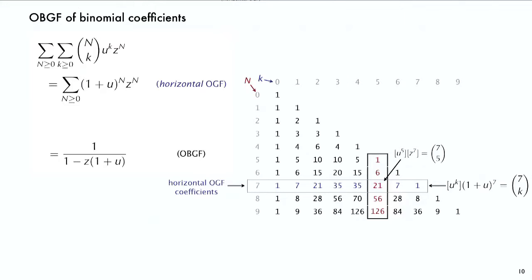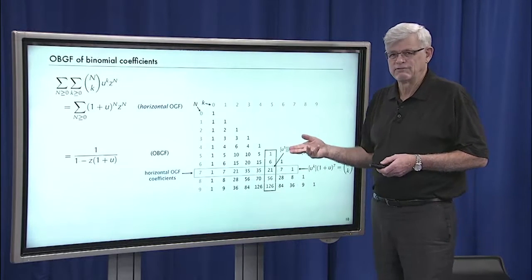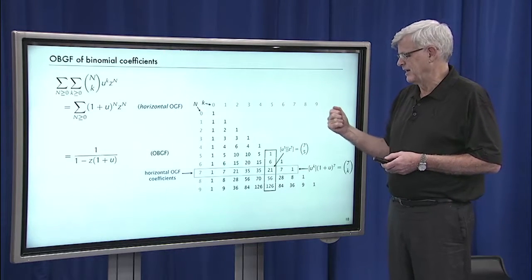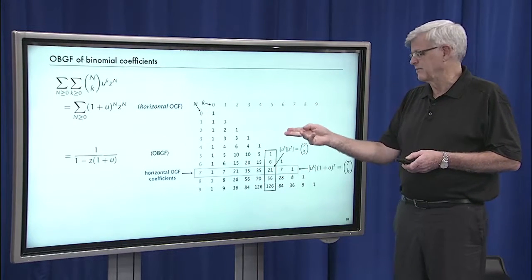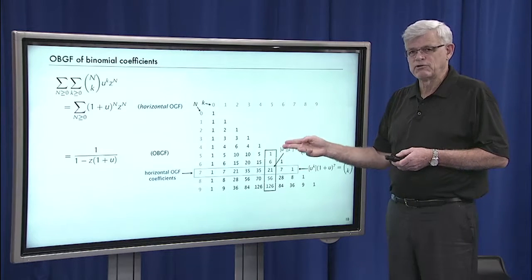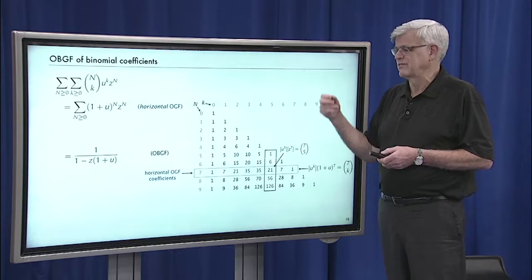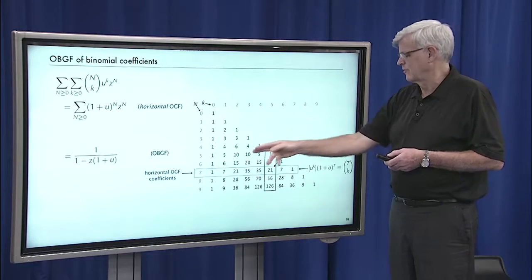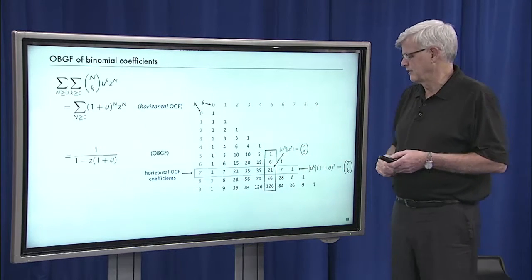And that's called the horizontal ordinary generating function for this problem. What it does is it gives the distribution of the number of k bits in n-bit strings. (1+u)^n is a generating function for the number of k bits in n-bit strings.